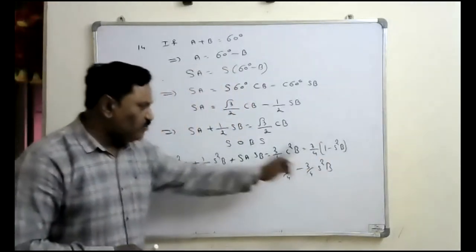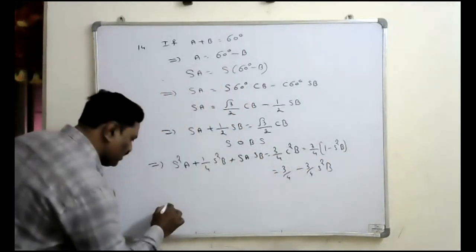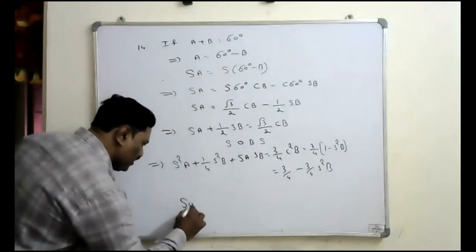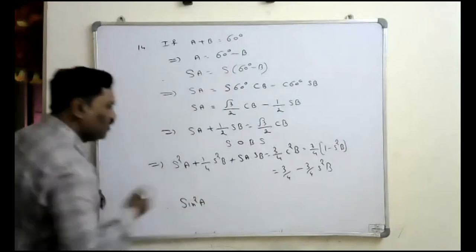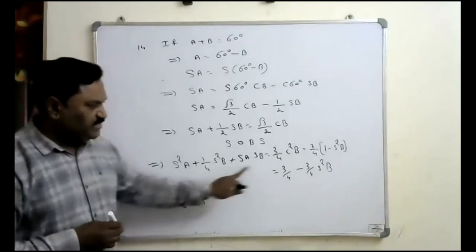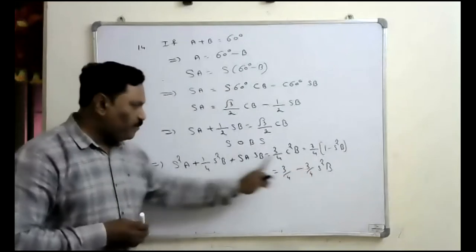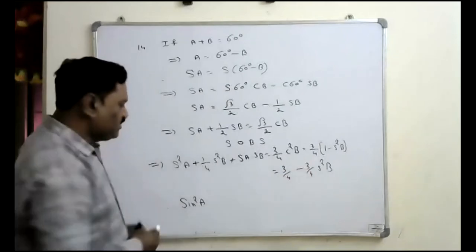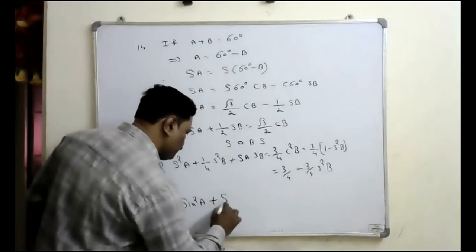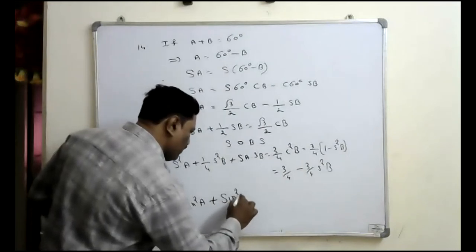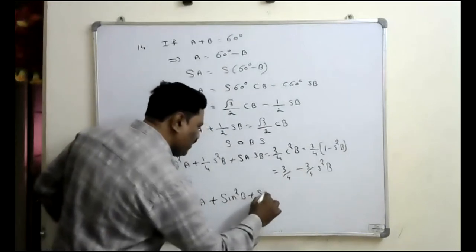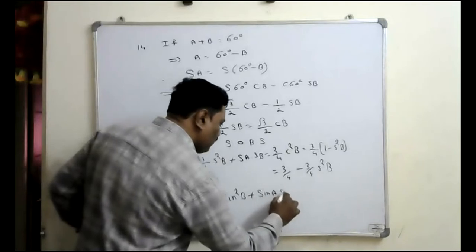Now, bring that negative term this side. So the result is sine square A plus 1 by 4 sine square B plus 3 by 4 sine square B, that is 4 by 4, one sine square B, plus sine A sine B is equal to 3 by 4.